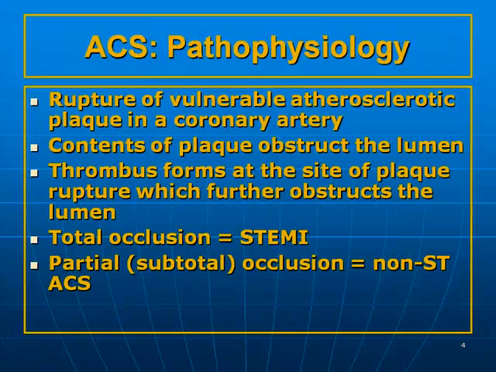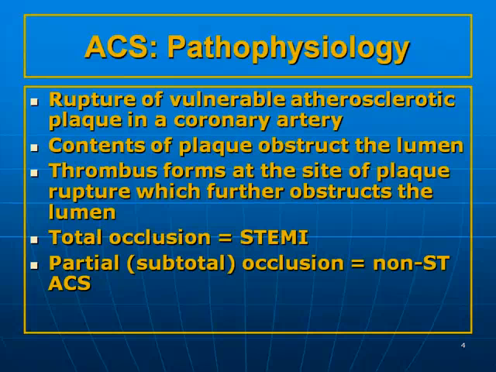then and look at the pathophysiology of acute coronary syndrome, the vast majority, probably 95% plus of patients who present with acute coronary syndrome, the pathophysiology is that these patients have some atherosclerosis in the coronary artery. They have plaque buildup. That plaque over time tends to rupture, ulcerate, erode, and the contents of the plaque spill out into the coronary artery lumen.